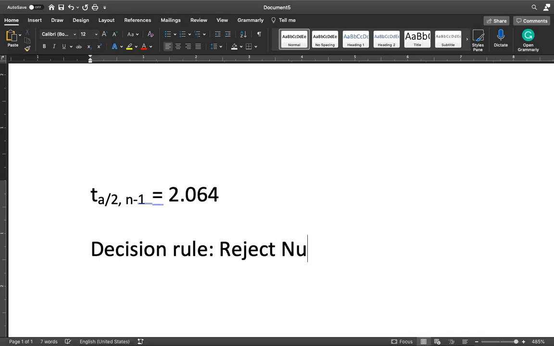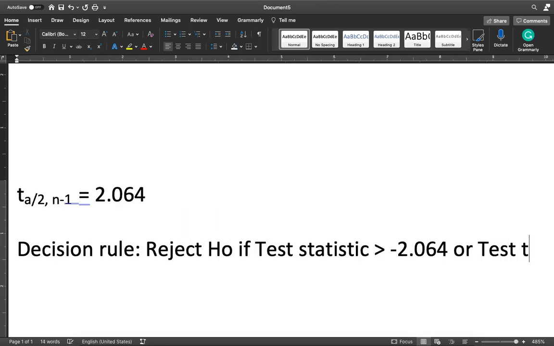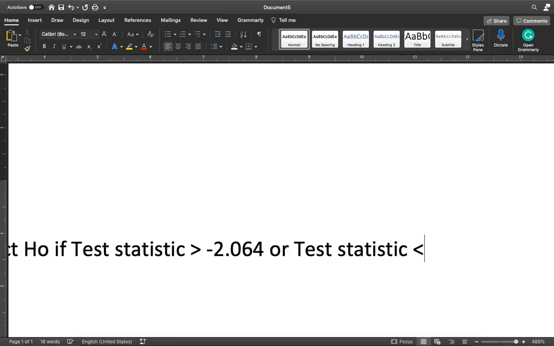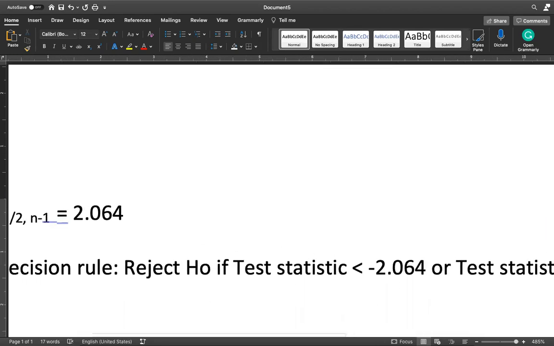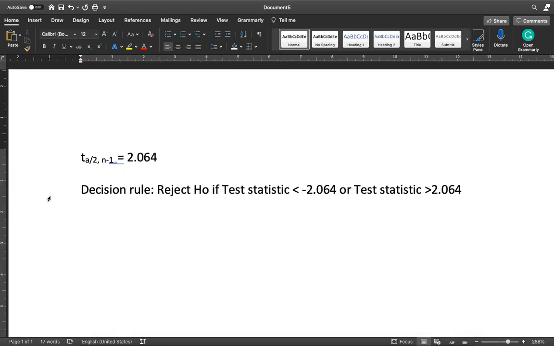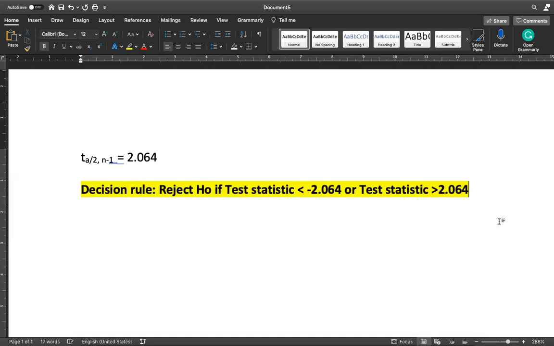We're going to reject H0 if the test statistic, the one you calculate, is less than minus 2.064, or is greater than positive 2.064. Right. So basically, this is what we have as our decision rule, and that is what we are going to stick with for now.